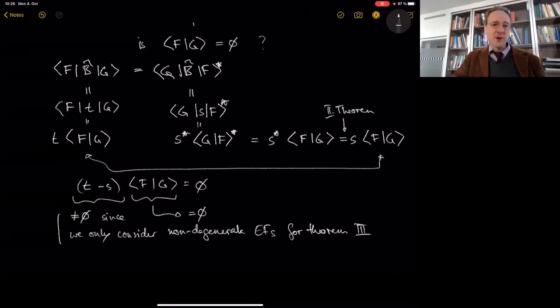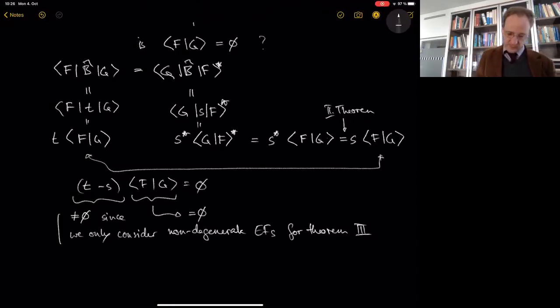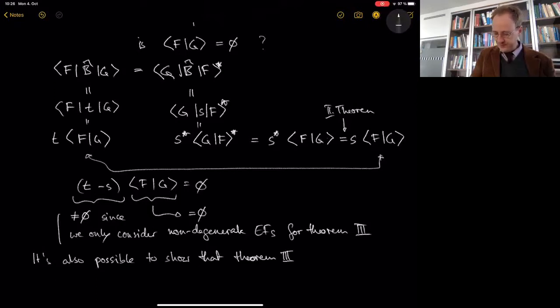You can show that it also works. It's also possible to show that the theorem works in degenerate cases.